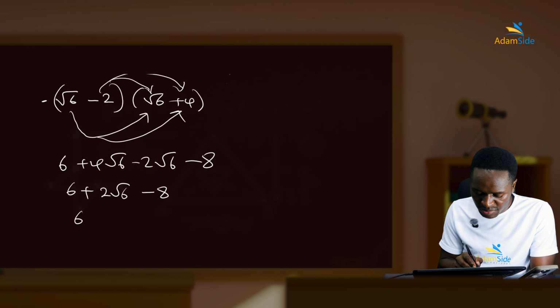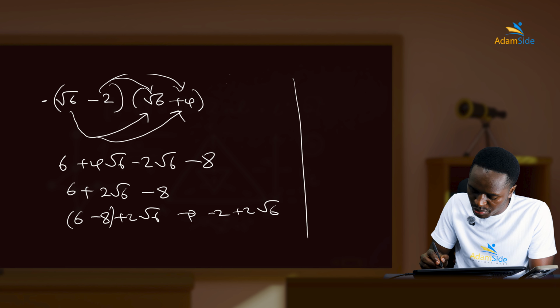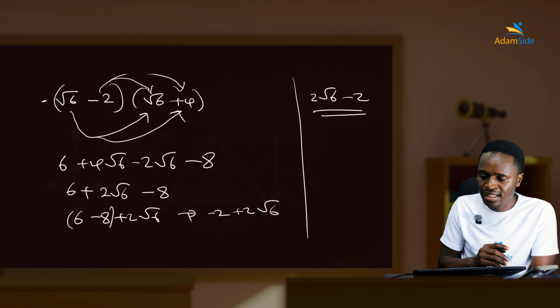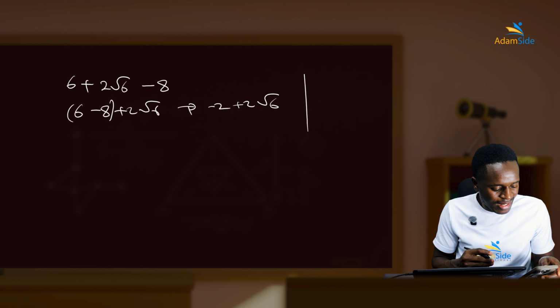And then say 6 minus 8 plus 2 root 6. And what do you get? This one will give us 6 minus 8 is minus 2 plus 2 root 6. And obviously we always start with a positive number. Say 2 root 6 minus 2. That's the answer. You solve it that way and you end up getting your answer.